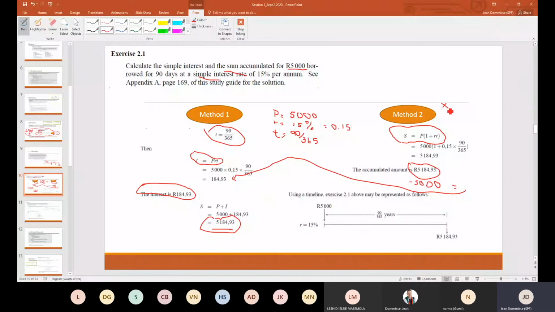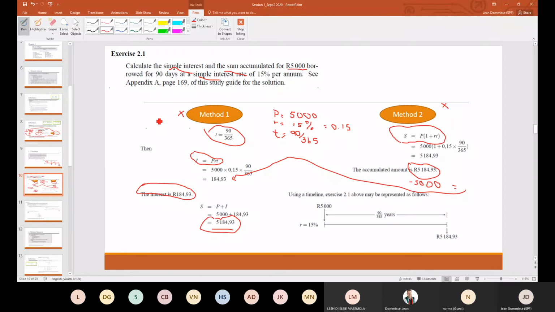I don't need to add anything else. If I've asked you just to calculate the simple interest, I then would have used method 1. Both methods work. It's just what you need to get at the end of the day that can give you the difference in answers.